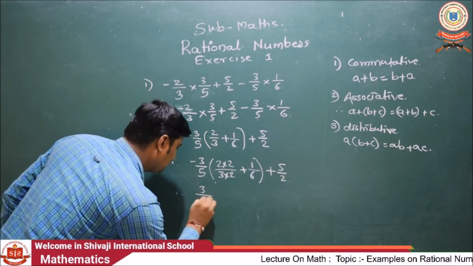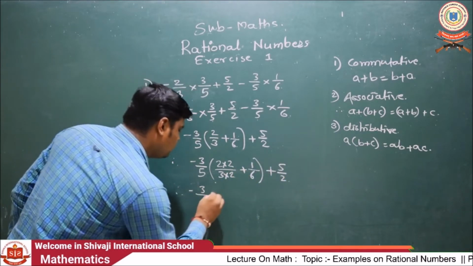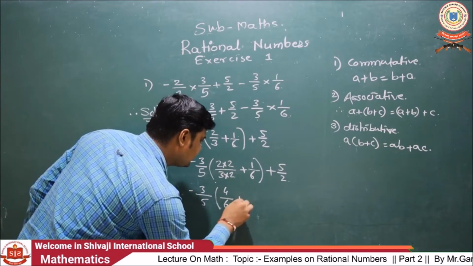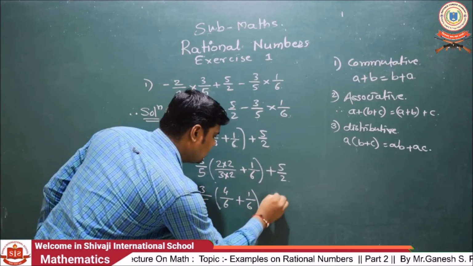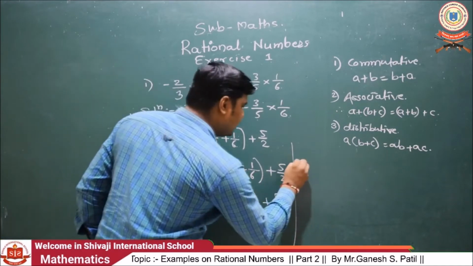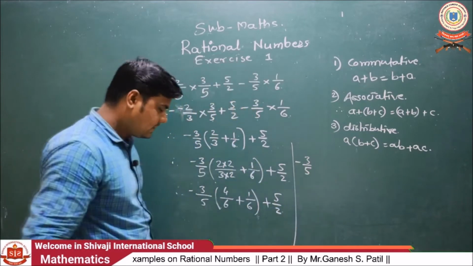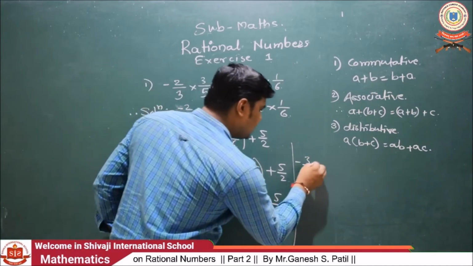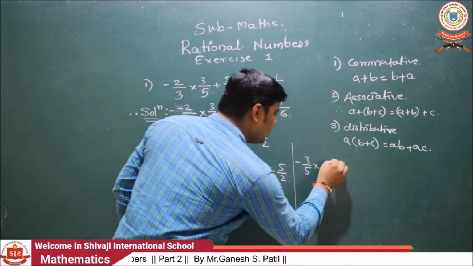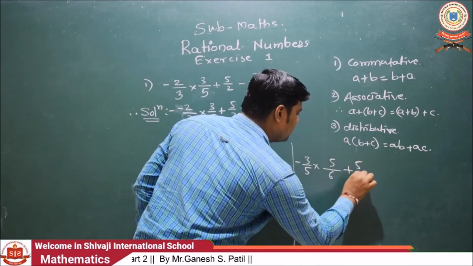That gives 4 upon 6 plus 1 upon 6, plus 5 upon 2. Minus 3 upon 5 is written as it is, and 6 is the same denominator so we take it once, and 4 plus 1 is 5, and write 5 by 2 as it is.